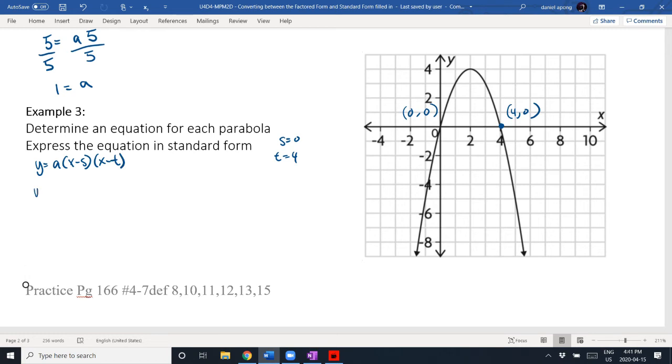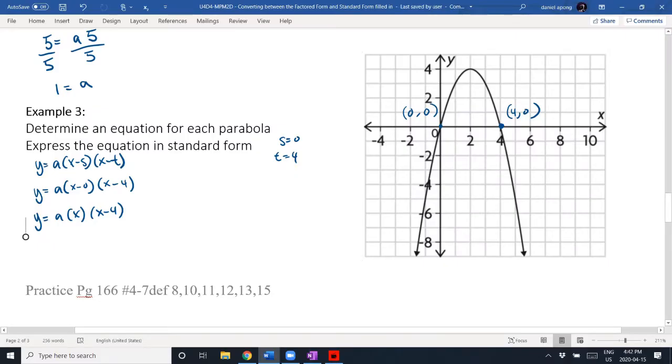So y is equal to a, so x minus 0, and then x minus 4, and we can actually simplify this as x minus 0 is just going to be x. So y is equal to a, x, and x minus 4.